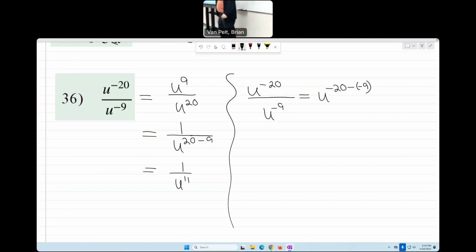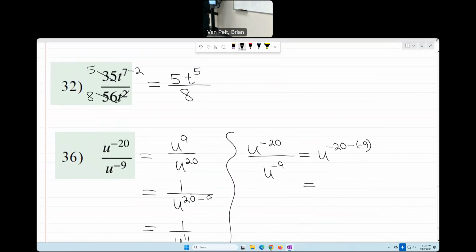You guys with me? You all follow this? What happens to those double negatives? That's the positive, yeah. u to the negative 11. But now you know what to do with that, don't you? What does it become? 1 over u to the 11.